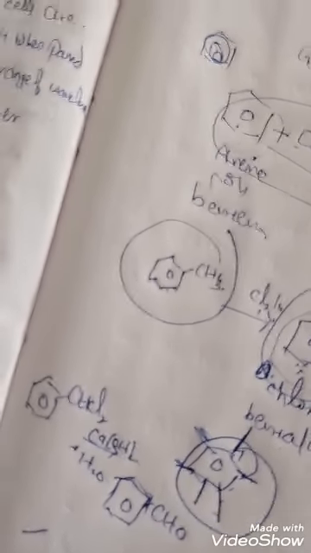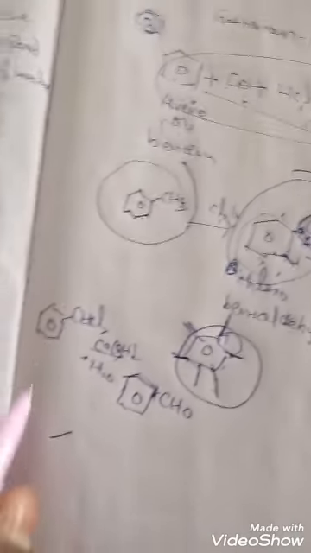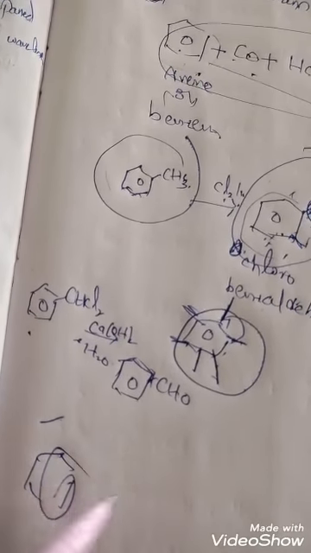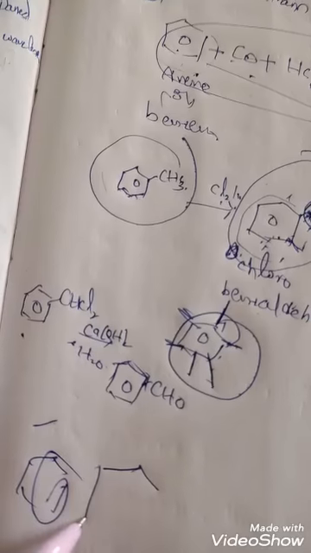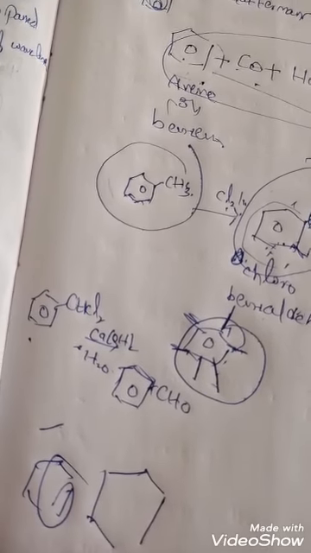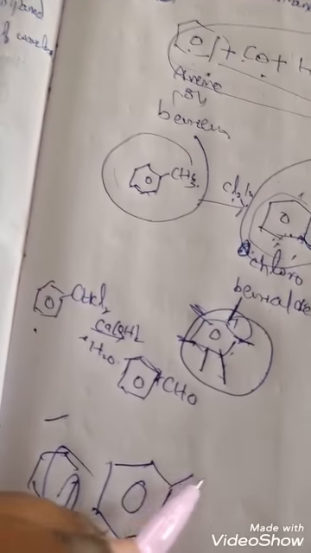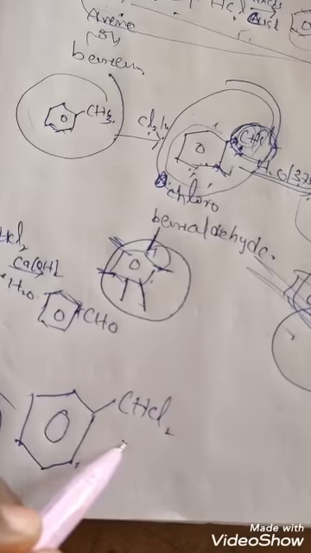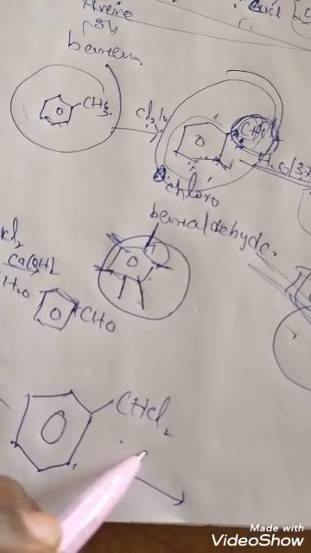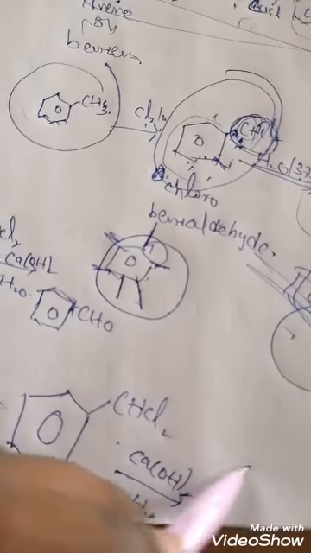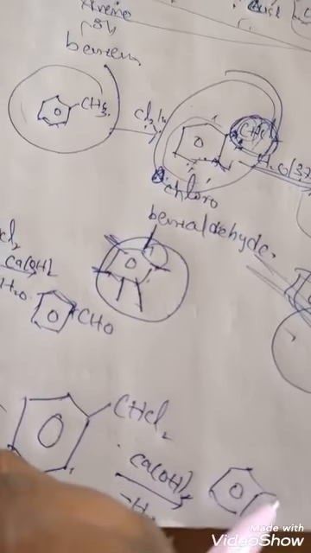We can take first benzyl chloride, CHCl2. This is the benzyl chloride. With calcium hydroxide and H2O it forms CHO, benzaldehyde.